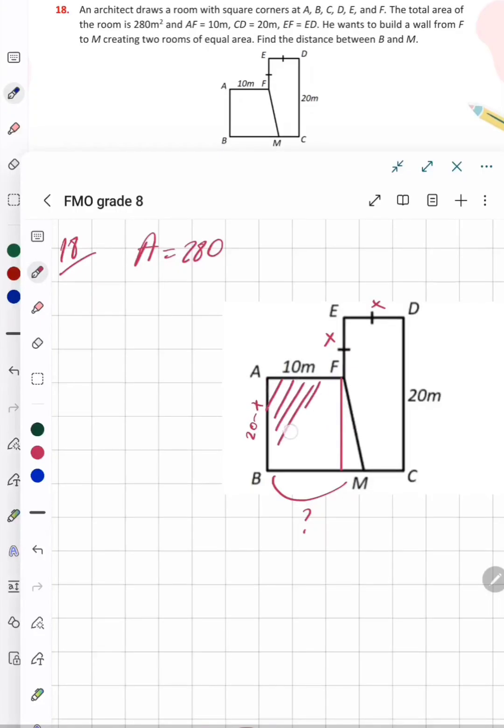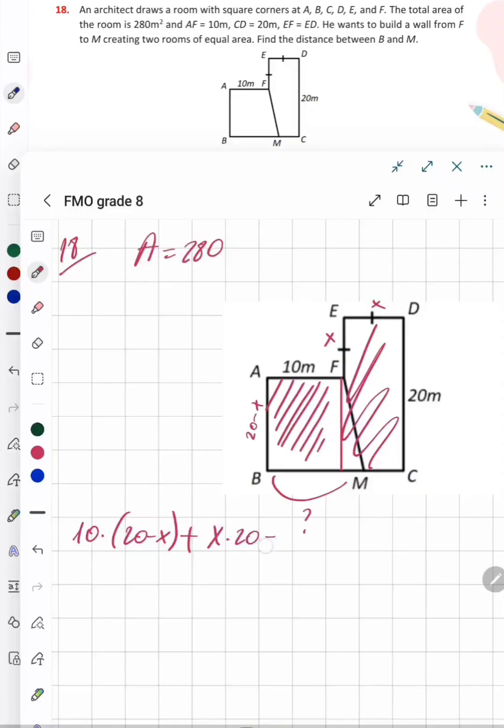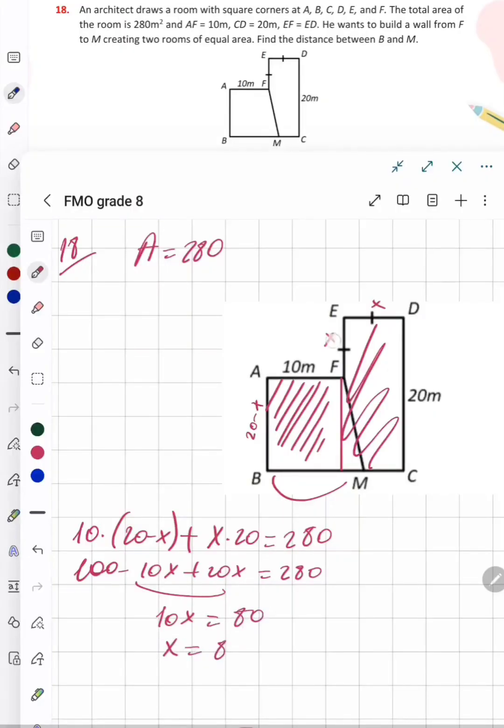We can write the area of the rectangle here, which is going to be 10 times (20 minus x). If we add the area of this rectangle over here, x times 20, it's going to be 280 in total. Let's define this x. 100 minus 10x plus 20x equals 280. So 10x equals 280 minus 100, which is 80, so x equals 8.